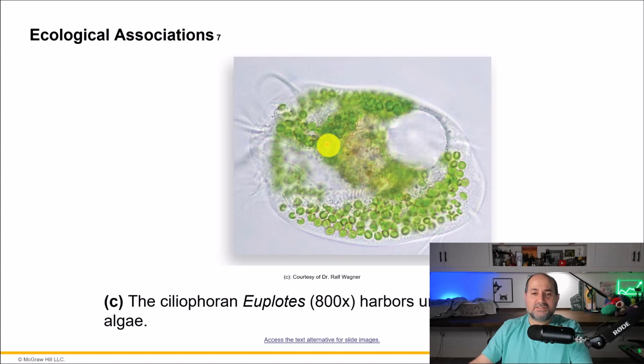So it ingested the green algae, but it does not destroy the green algae. Instead, the green algae now have a nice place to live. The green algae can produce sugar through photosynthesis, which the ciliate can feed off of. And the ciliate provides a nice environment in which the algae can grow. Again, they don't require each other. They do have mutualistic benefits when combined.